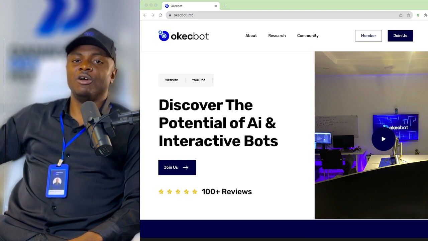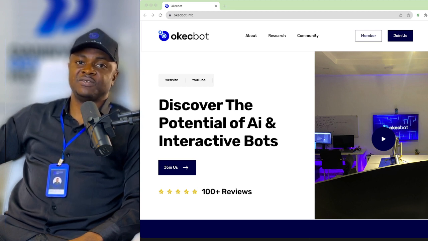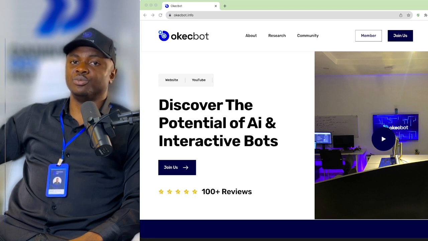However, there are always ways to beat the system. The OkecBot is basically dedicated to showing ways that this system can be beaten, with the hope that the system gets fixed and becomes more robust so as not to let the same breach and waste of engagement continue.